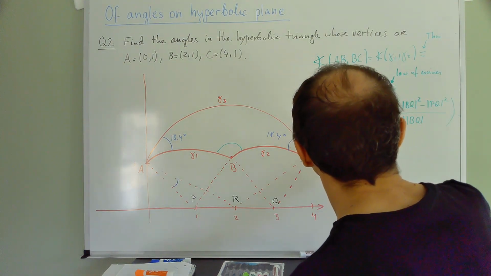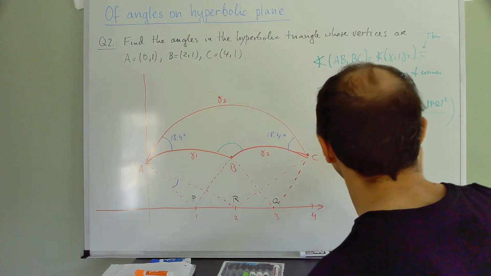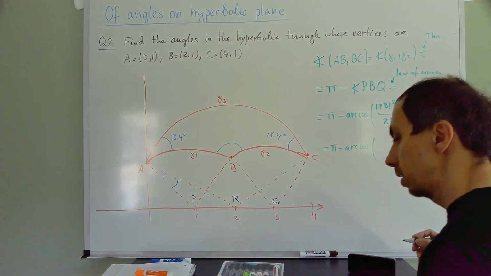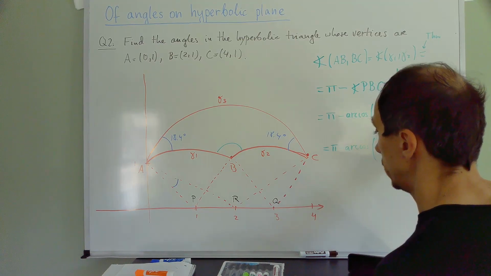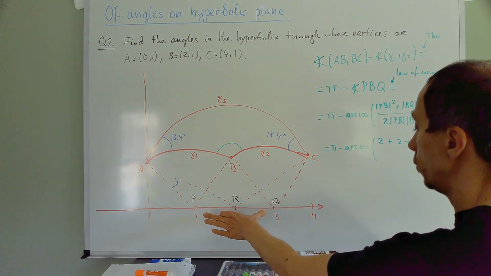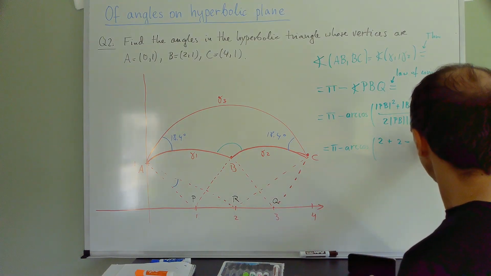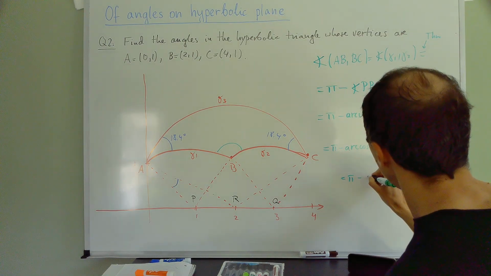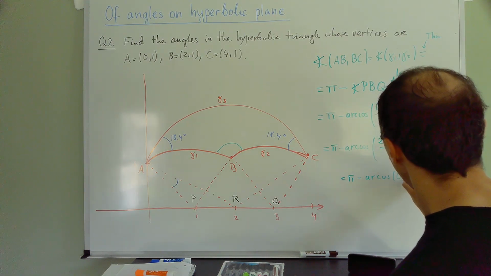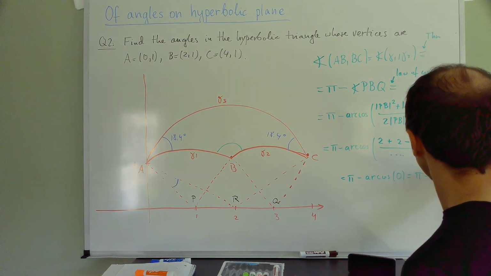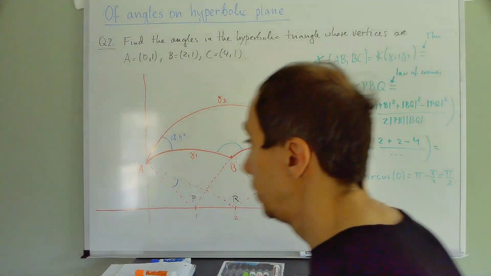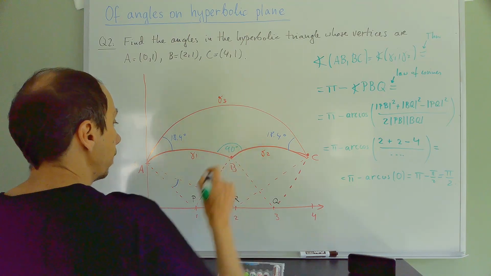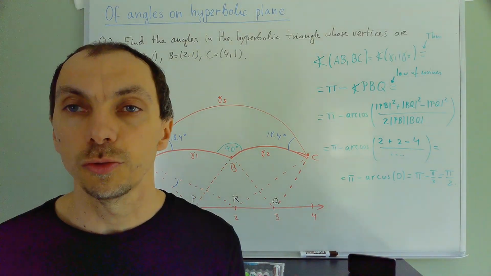So that's pi minus arc cosine of PB squared, again (1, 1), so that's 2, plus BQ squared, which is also 2, minus PQ squared. PQ is 2, so PQ squared is 4. It doesn't matter what the denominator is, this is just arc cosine of 0. So it's pi minus pi halves, so it's pi halves. I seem to be very inconsistent using degrees and radians. So this angle is actually 90 degrees. And we found all the angles in this triangle.